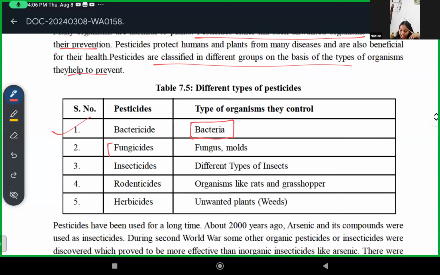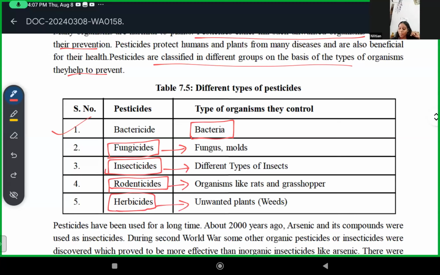Then you have fungicides to control the fungus or molds. You have insecticides to control different types of insects. Then you have rodenticides to control organisms like rats and grasshoppers. And then you have herbicides for controlling the weeds.